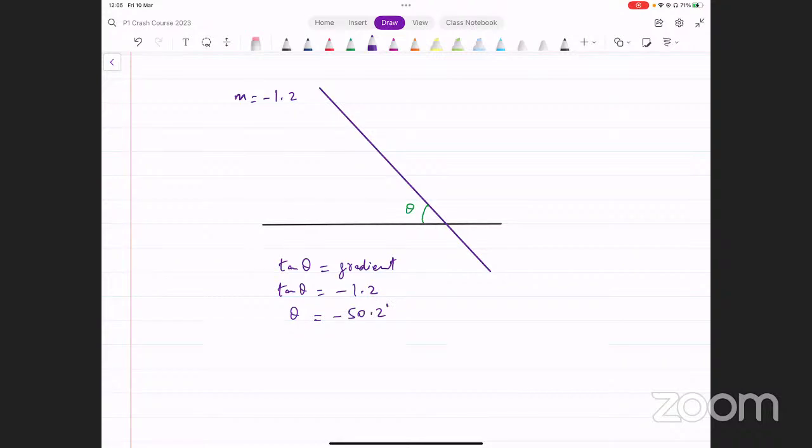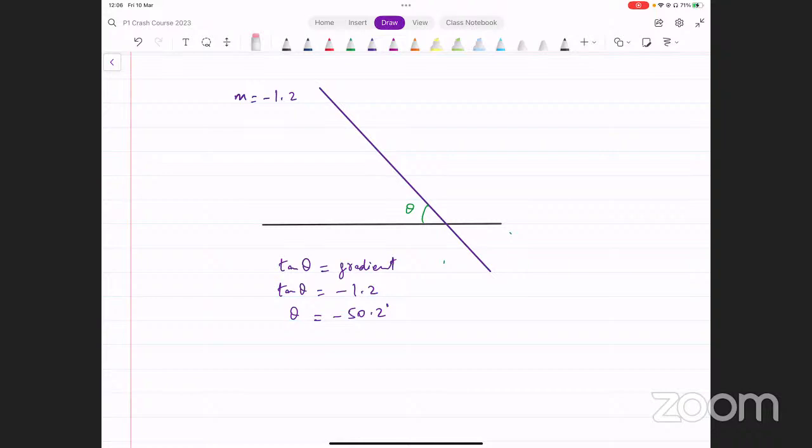Now, what that essentially means is you are getting this angle here. When we do trigonometry, you'll understand negative angles mean that you're going in the clockwise direction like this. So basically, the angle that you're getting is this angle, but the magnitude is 50.2 degrees. That's all that we are interested in.